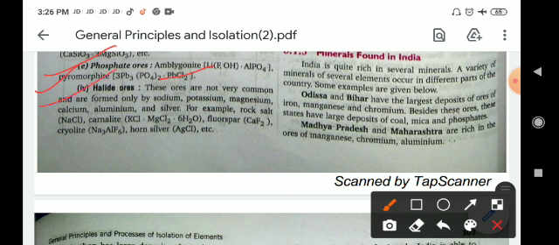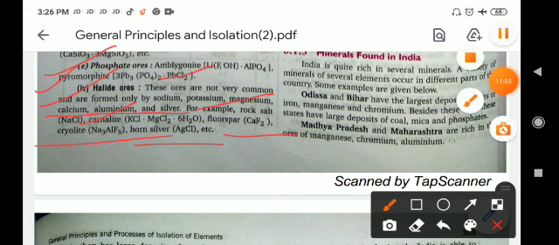These ores are not very common and are formed only by sodium, potassium, magnesium, calcium, aluminium and silver. Examples: rock salt, formula NaCl; carnallite, KCl.MgCl2.6H2O; fluorspar, calcium fluoride CaF2; cryolite, Na3AlF6; and horn silver, formula AgCl. So these are basically the types of ore classification.